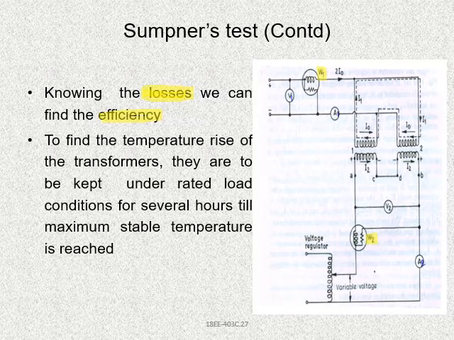In order to find the temperature rise of a transformer, they are to be kept under rated load condition. They means the two transformers. These two transformers are to be kept under rated load conditions for several hours till maximum stable temperature is reached.